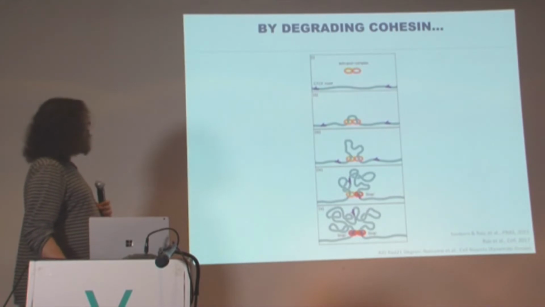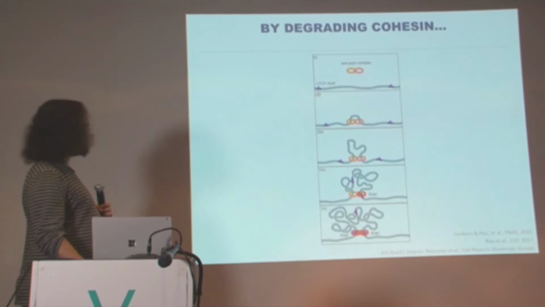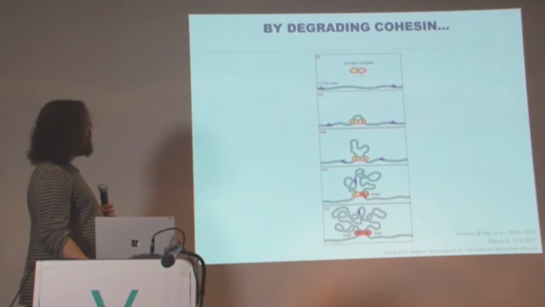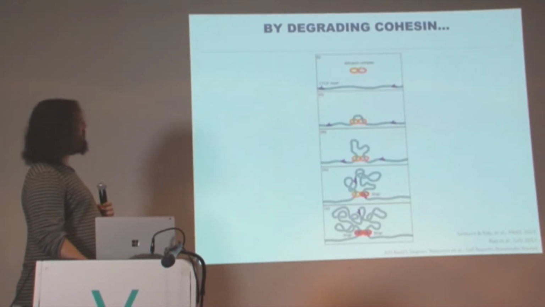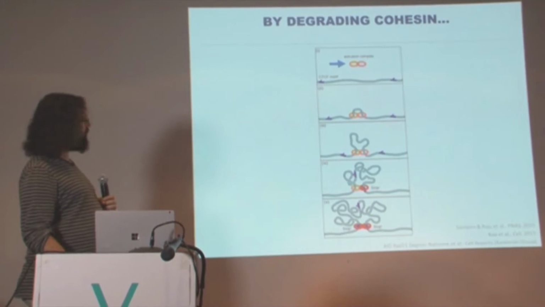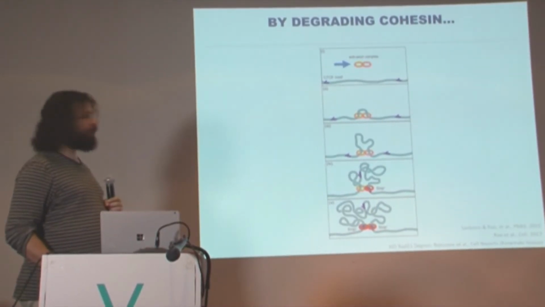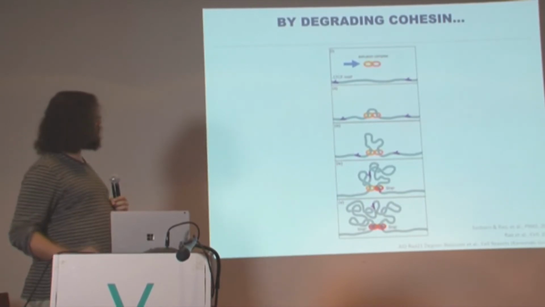In the previous series of experiments I showed you, we were playing around with the CTCF motif, but of course we knew that based on this hypothesis, if we disrupted the entire extrusion complex by degrading the cohesin ring, we expected that we should be able to totally destroy all of these loops that we were observing.